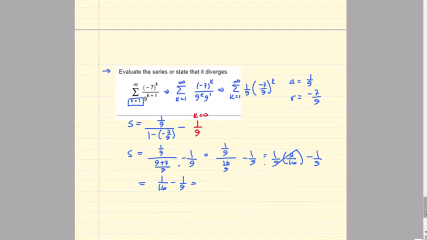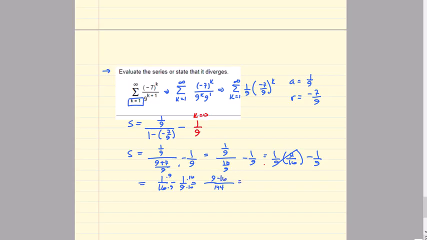Next you would find a common denominator. The common denominator between 16 and 9 would be 16 times 9, and 16 times 9 is 144. So here I'd multiply top and bottom by 9, and top and bottom by 16, and have 9 minus 16 over 144.